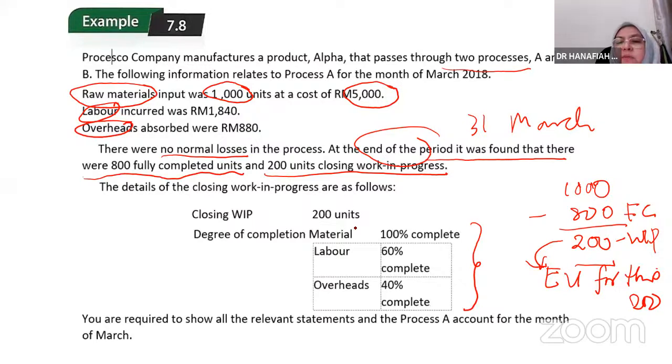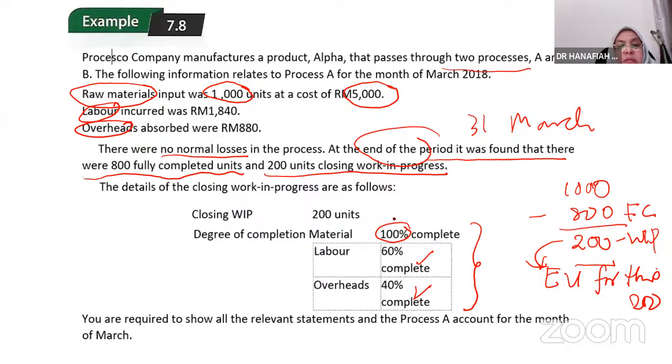Degree of completion for material, 100%, labor, 60%, overhead, 40%. As I mentioned earlier, normally material will be 100% complete because we put all the materials at the beginning of the production.